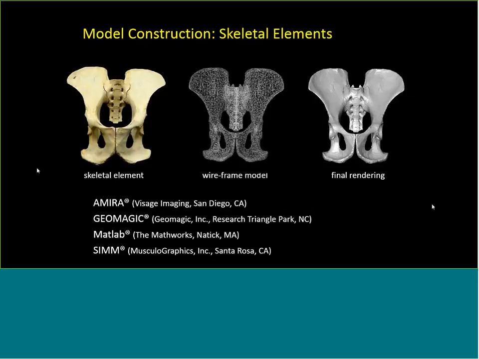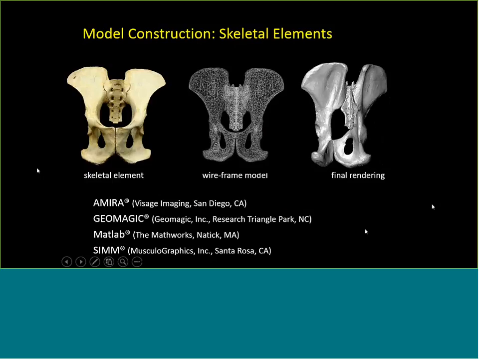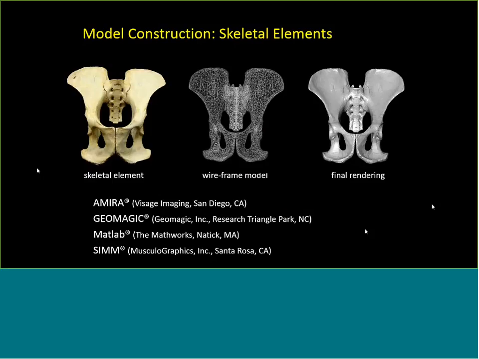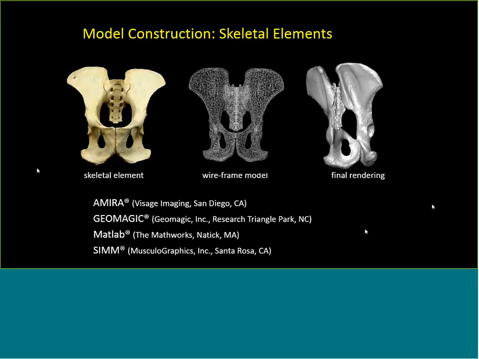So each of the skeletal elements was first CT scanned, and then after some initial pre-processing in Geomagic, and then some downsampling in MATLAB, we created a representation of each of the bony elements that was imported into the software known as SIMM. SIMM stands for Software for Interactive Musculoskeletal Modeling.